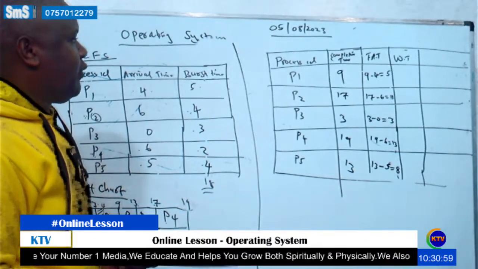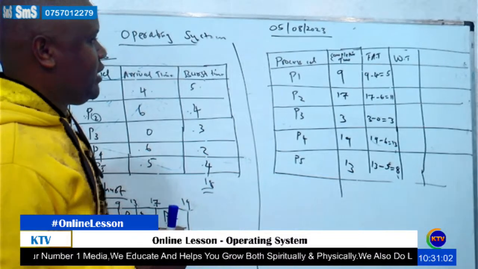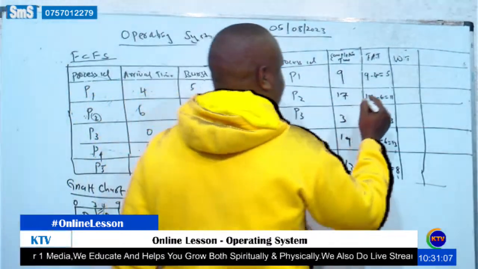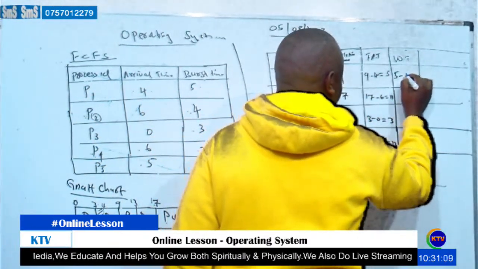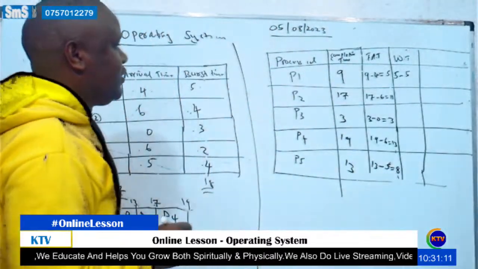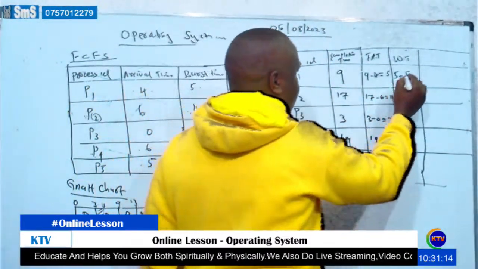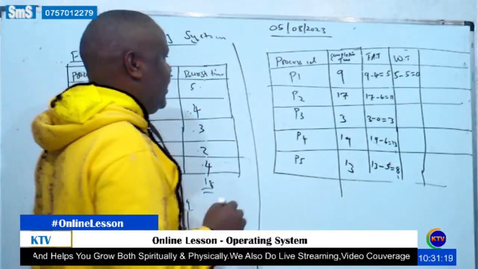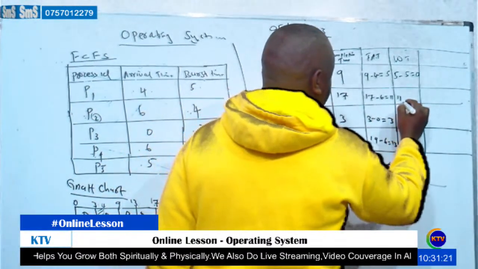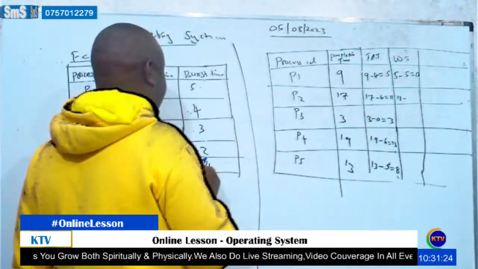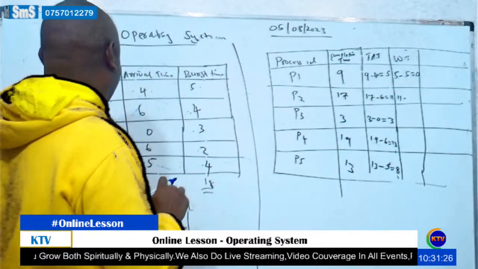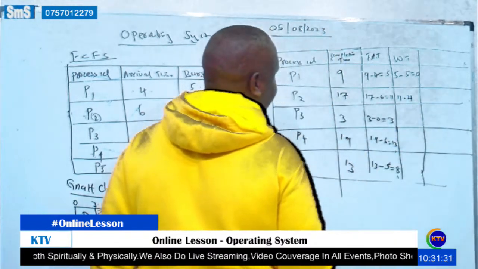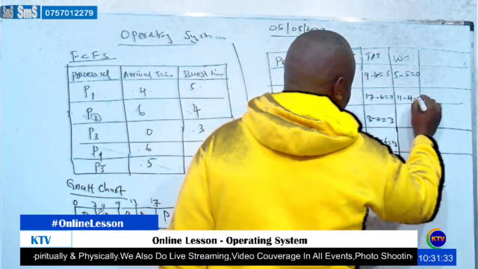Then the waiting time, we said, is turnaround time minus burst time. Turnaround time for process 1 is 5, minus burst time 5, which is 0. Turnaround time for process 2 is 11, and the burst time for process 2 is 4. 11 minus 4 is 7.